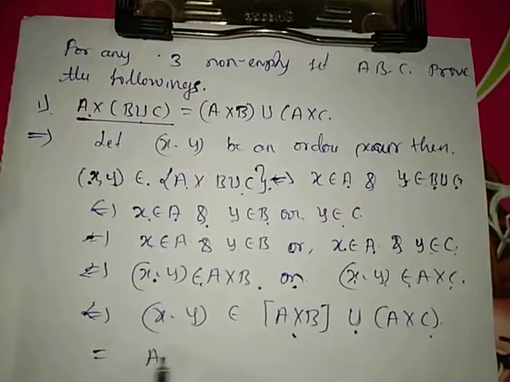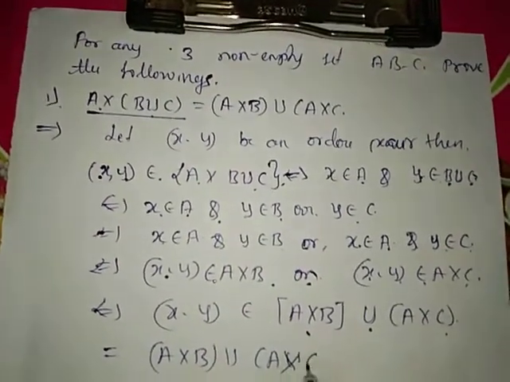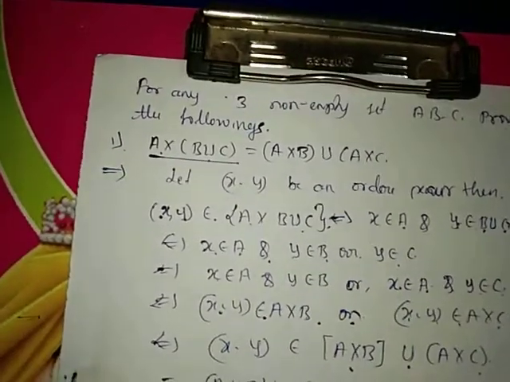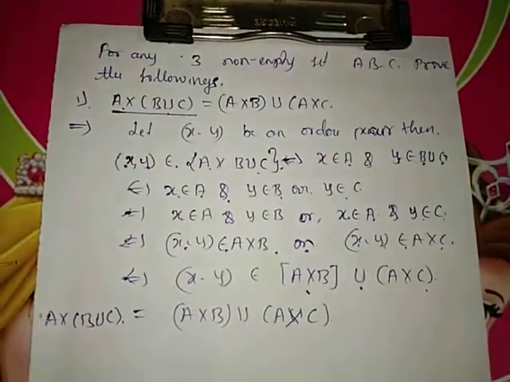That indicates (A × B) ∪ (A × C) is equal to A × (B ∪ C).